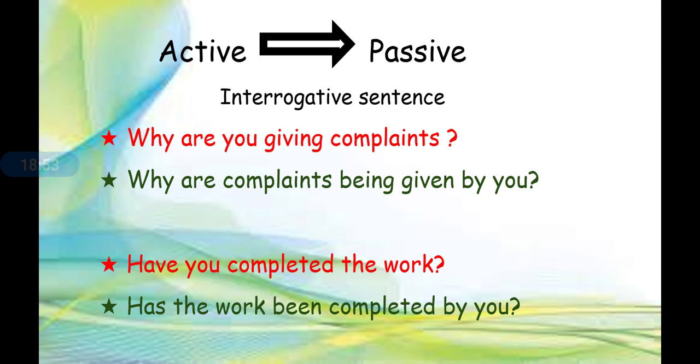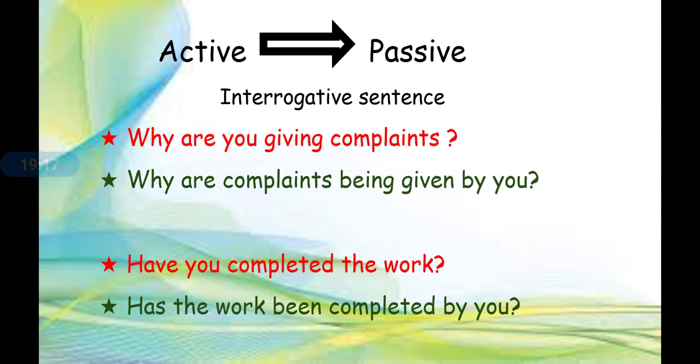Now, let us know how to convert active voice into passive voice in interrogative sentences. Why are you giving complaints? Here, you is the subject and complaints is the object. So we can convert like this. Why are complaints being given by you?